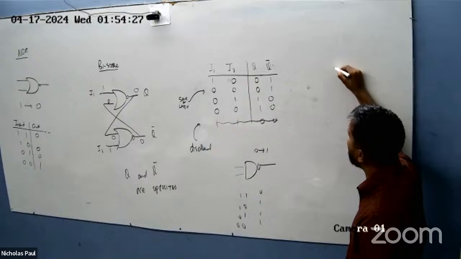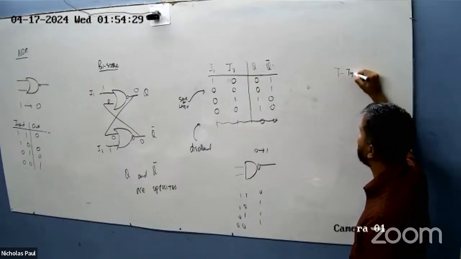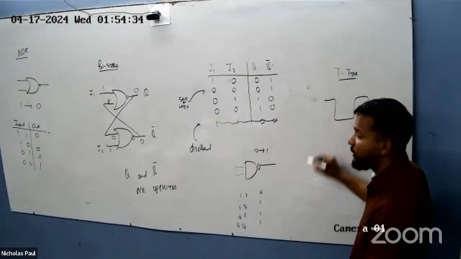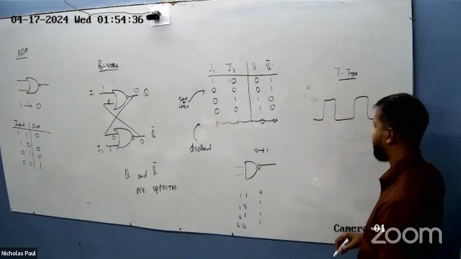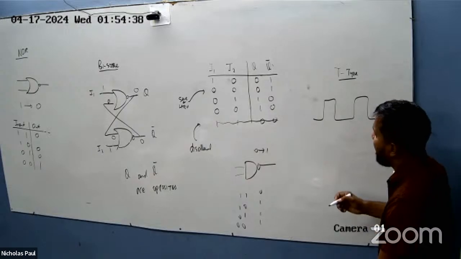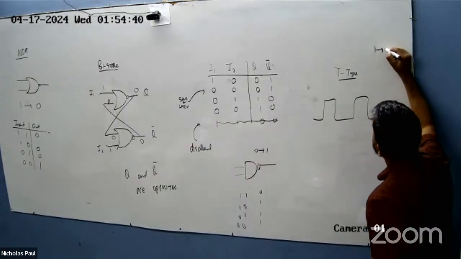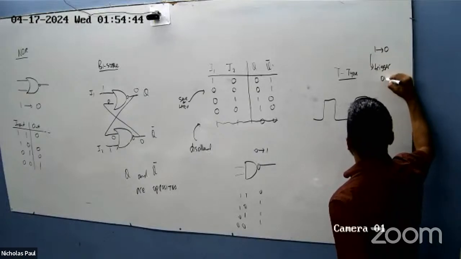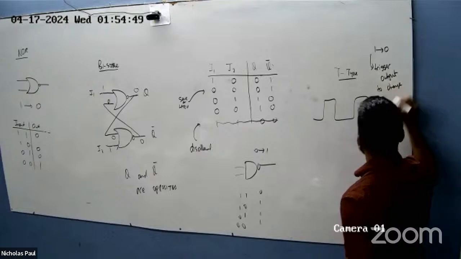There's one more type of gate, the T-type. This one is easy. The T-type is a triggered output. So let's say every time we go from 1 to 0, I am going to trigger the output to change.